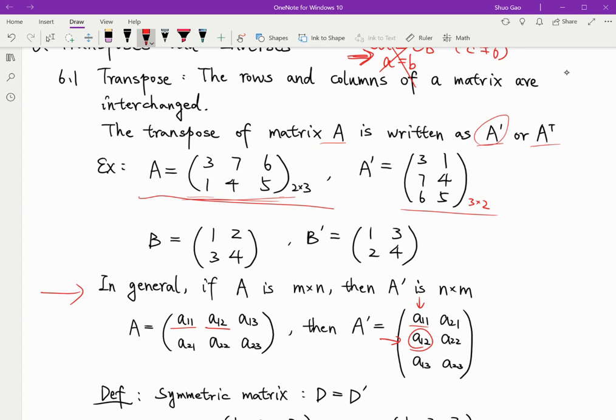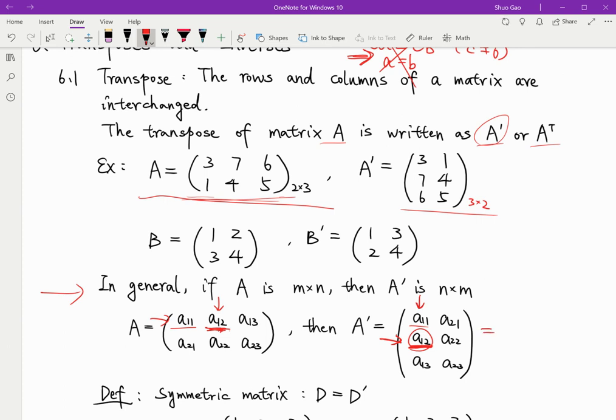And A12 in A lies in the first row and the second column. So we can see that the positions of the rows and columns are interchanged, right? If we transpose the matrix A, the A12 becomes the element of the second row and the first column.